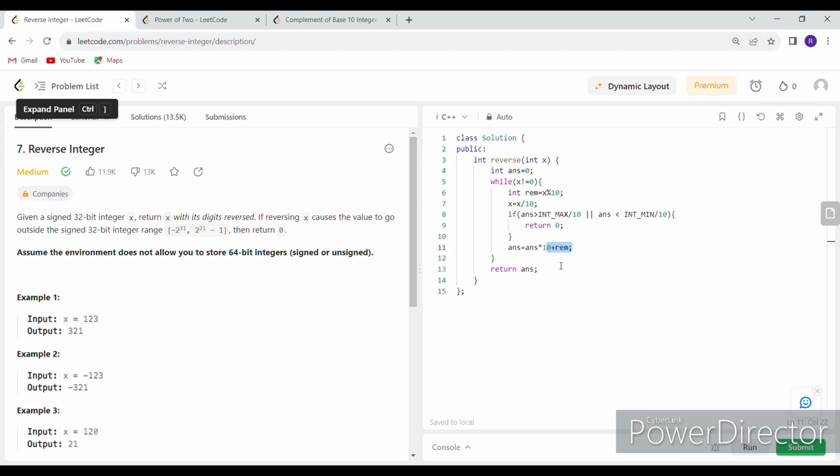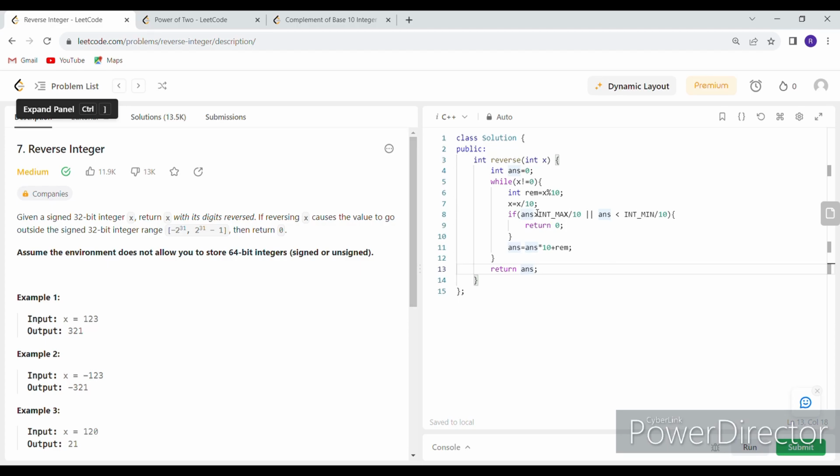Initially the answer is 0, which I have initialized here, and if I multiply this answer by 10, it will be 0, and the remainder will be 3, so in the answer 3 will get stored. Now in the answer I have 3. Next time the last digit will be 2. So 3 into 10, that is 30, will be added to 2, and I will get 32. Now 32 when multiplied by 10, I'll get 320, and when the remainder is 1, I'll get 321. The answer is reversed and we can return that particular answer. Okay, so this is about it.